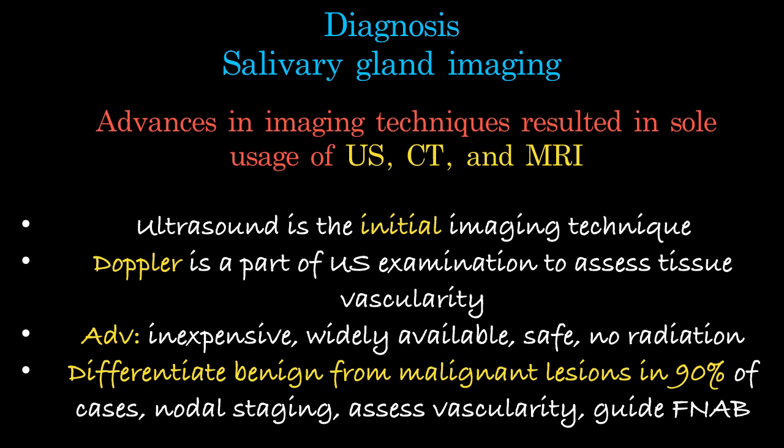And using the Doppler, which is inherent in the ultrasound examination now, we can assess the vascularity of the tissue, and we can use the ultrasound to guide us while taking a biopsy from a mass that is embedded in a major gland, to get inside the gland, targeting the mass or the tumor. We'll talk about ultrasound guided fine needle biopsy later on.